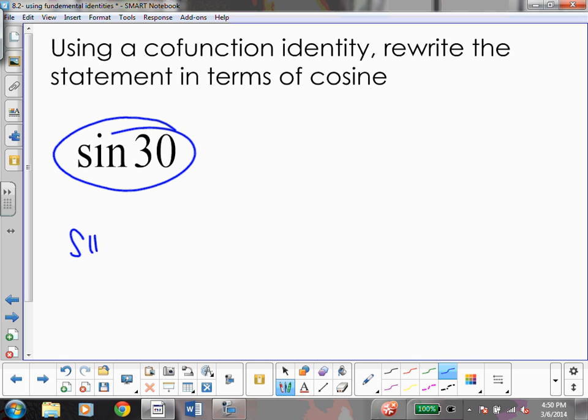I know that the sine of the angle is the same as saying the cosine of 90 minus that angle. So first, I'm going to apply this to a degree situation.